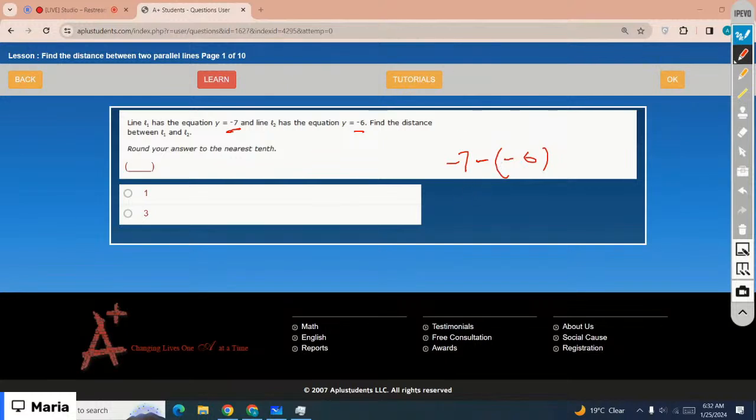That is negative 6 minus negative 7. So that is negative 6 plus 7, and 7 minus 6 is 1. That means the distance between both the lines is 1. The correct option is 1.